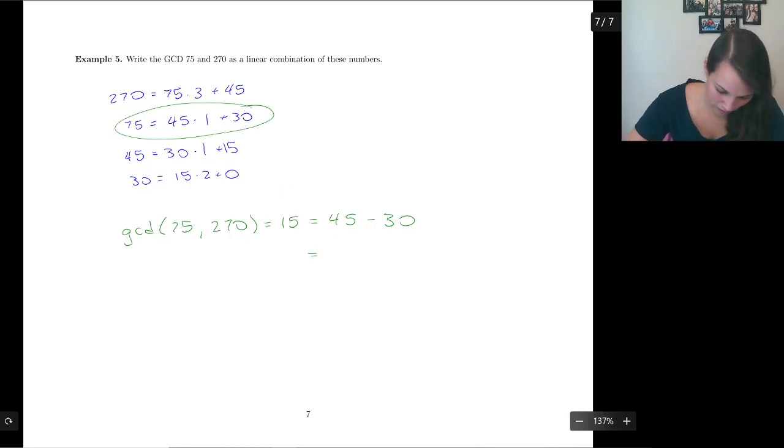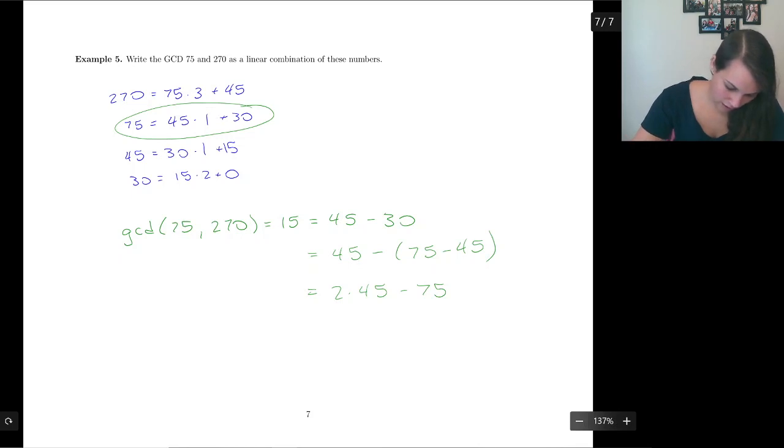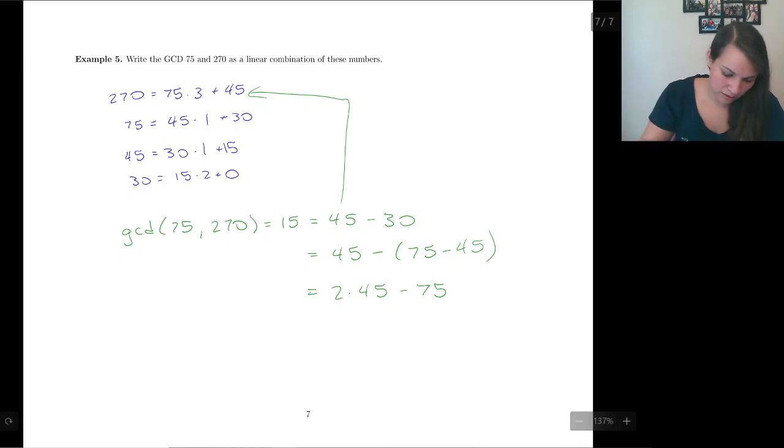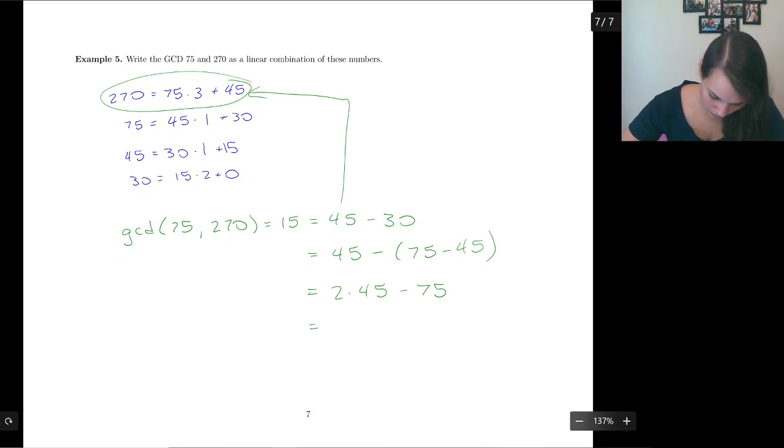I'm going to replace 30 with 75 minus 45. So then we have 2 times 45 minus 75. And then I know I can replace that 45 with stuff from this equation. So that's going to be 2 times, and it's 270 minus 3 times 75, minus 75.